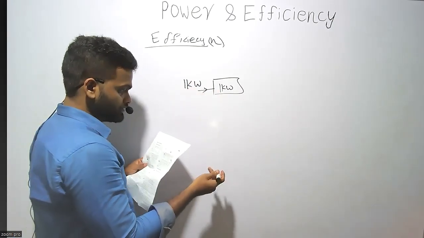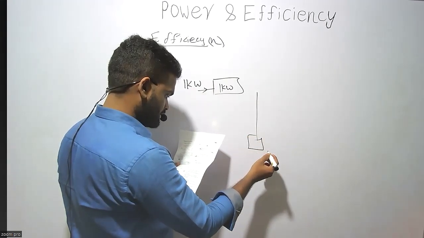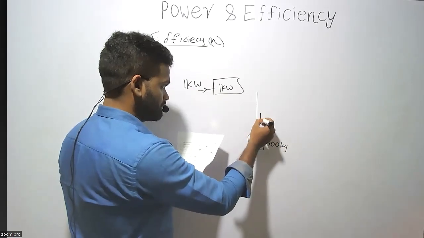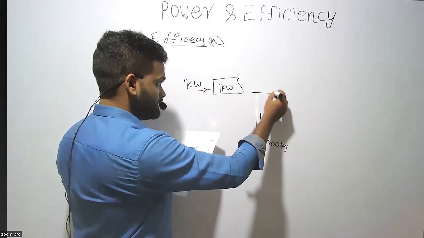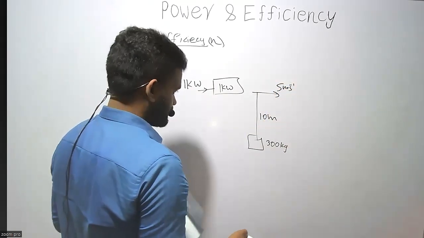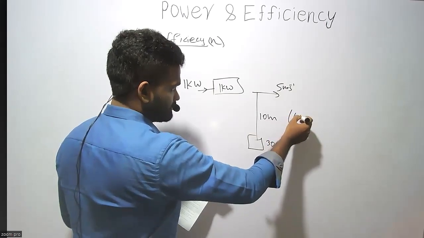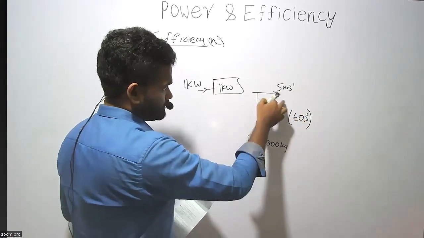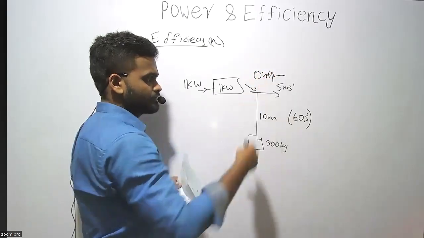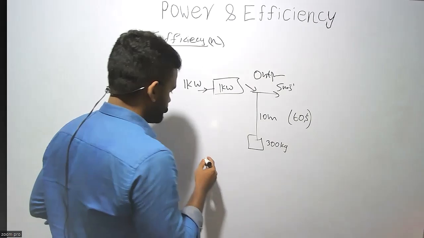So what does the motor do? It lifts 300 kilograms of mass to a height of 10 meters, then ejects at 5 meters per second, right? All this is done within a minute. Minute means 60 seconds. So this whole process is the output. So you need to find output power. How do you find that?